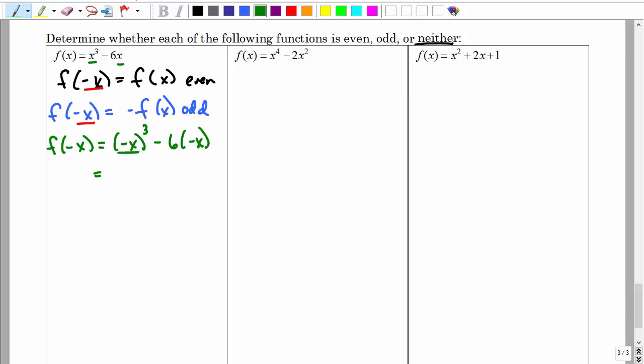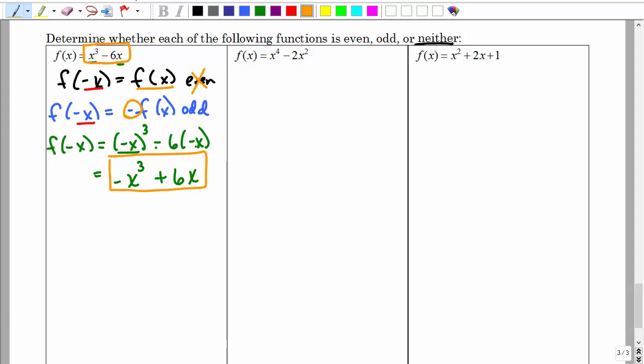Alright, so what happens when you cube a negative? It's negative. Negative times negative is positive. So look at what you started out with, look at what you have. Is it the same? No, so it's not even. Is it the opposite?